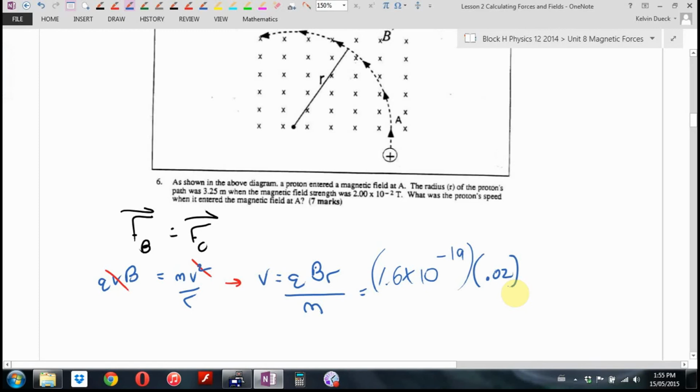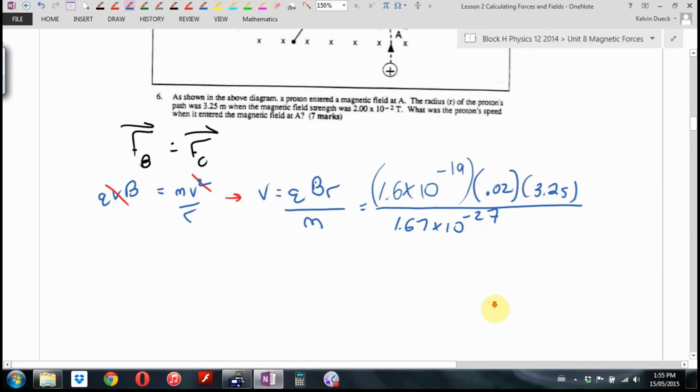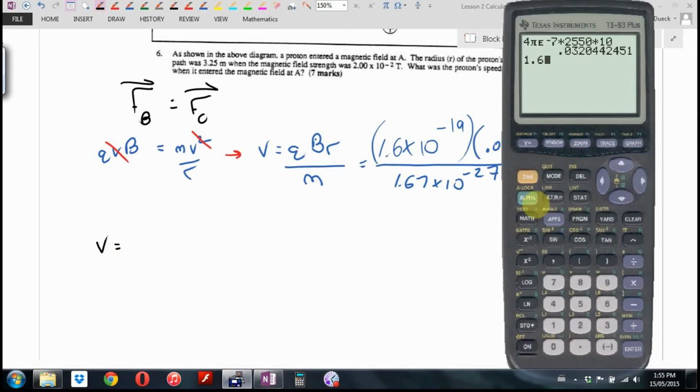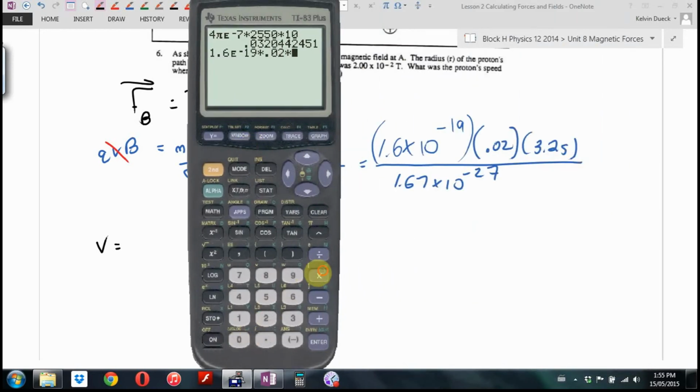R, 3.25. M, it's a proton. I know it's 1.67, but I can never remember the 10 to. 0.02 times 3.25 divided by 1.67.